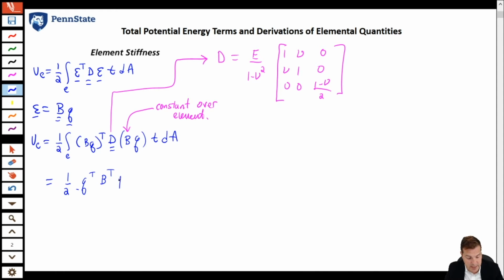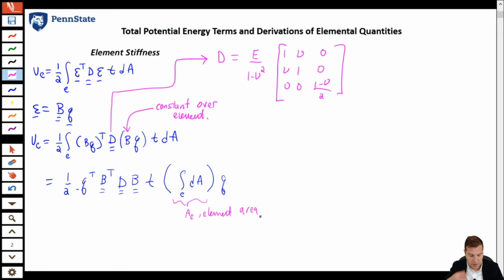And then we're going to have D, B, T, and then the integral over the element of dA. Everything else is outside of that integral sign. So what is this thing here? It's just A_E, the element area. It's pretty neat.